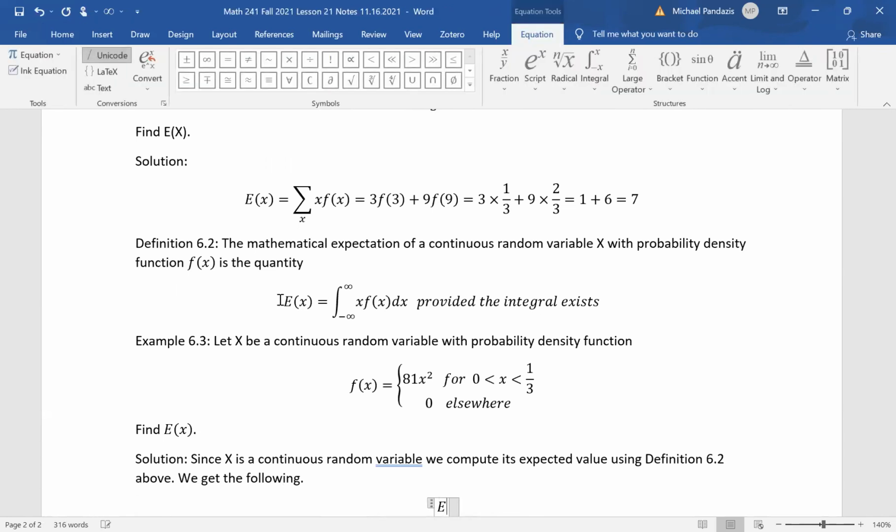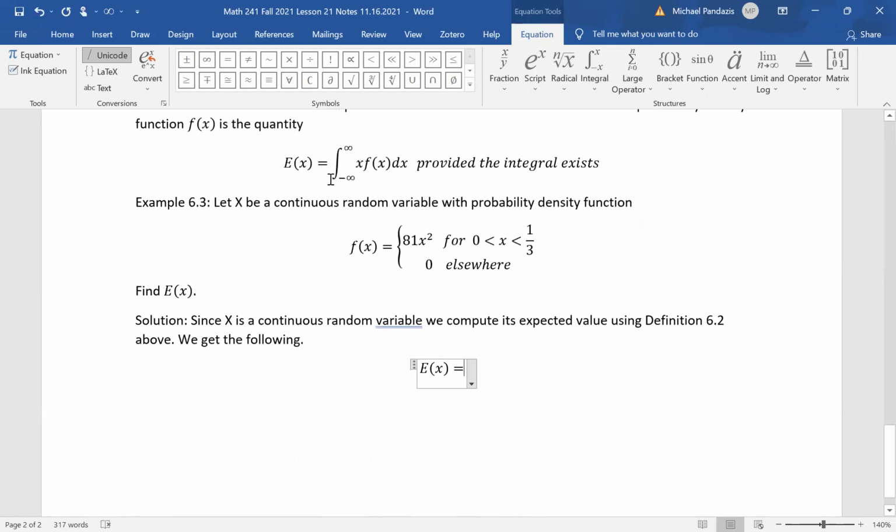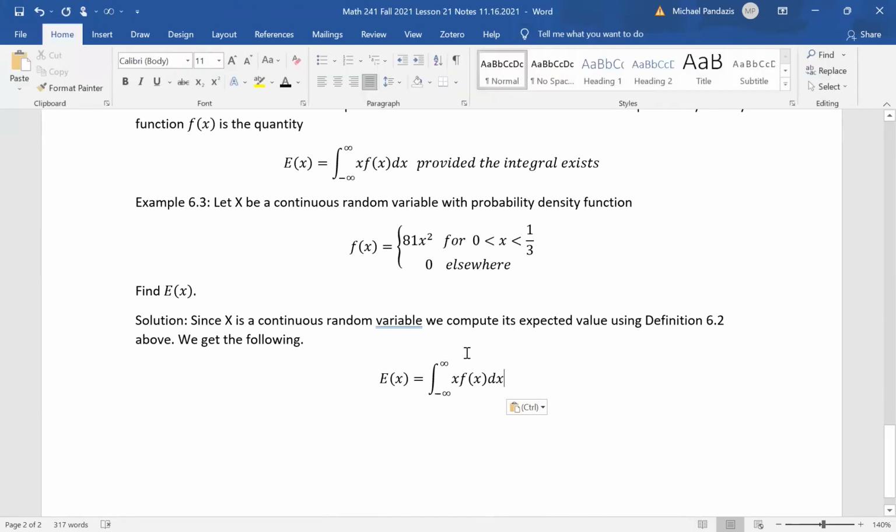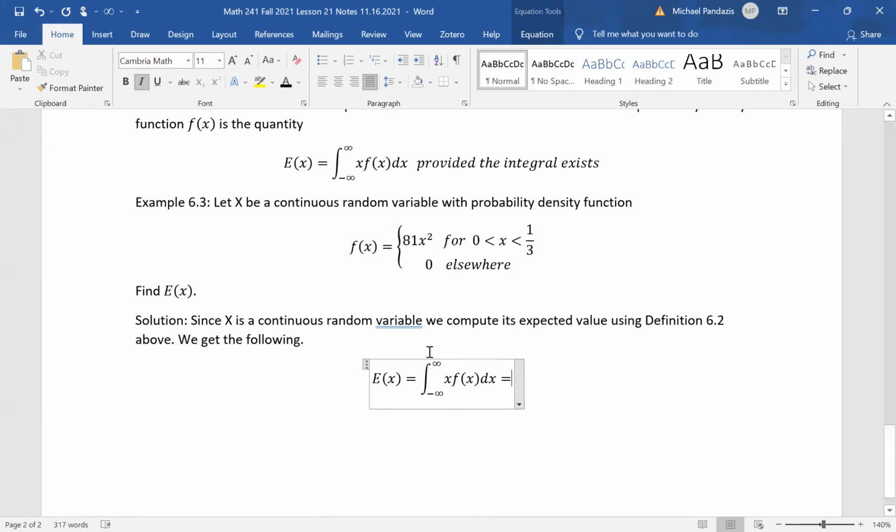So we get that the expected value of X is equal to this, provided the integral exists. When you compute it and get the answer, if it's finite, that's proving the integral exists. So when we get a finite value, we have shown that the original integral exists, and so we justify the first equal sign at the end.